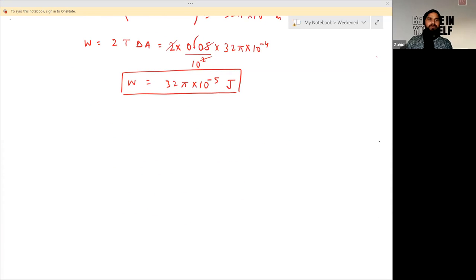Now, the next concept will be combination of drops.